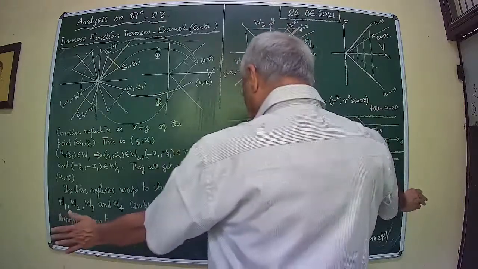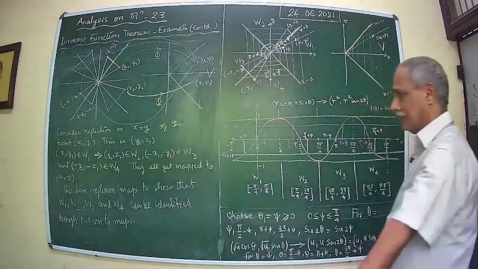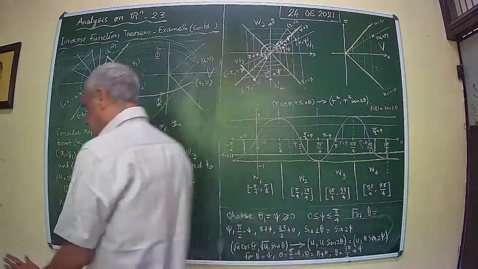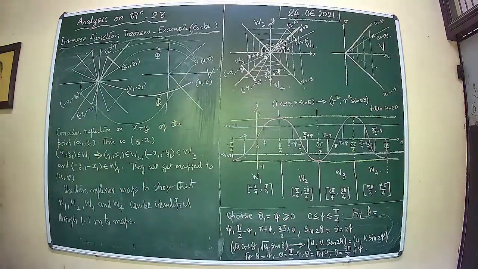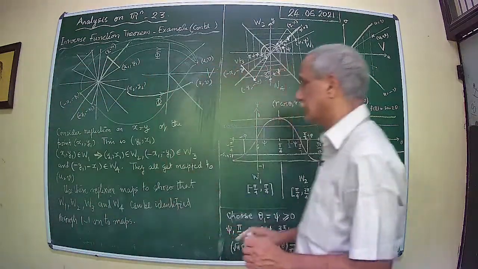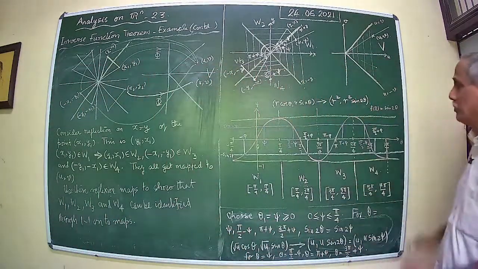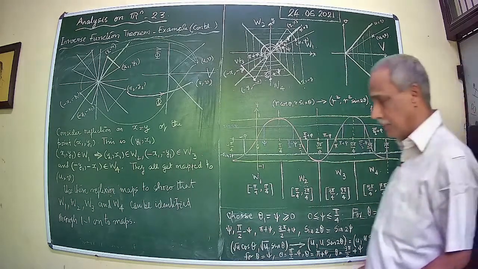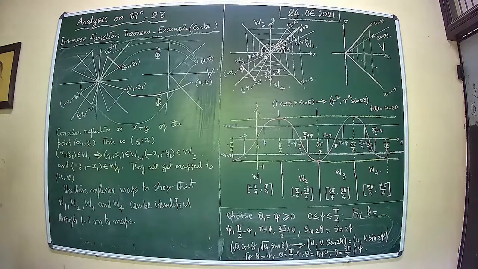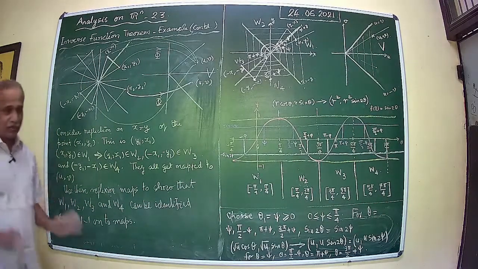Now, why I unnecessarily harped on this for sufficiently long is just to show you that when I started with the problem, I just wanted to give an example where I can work out the inverse function theorem on a given function.